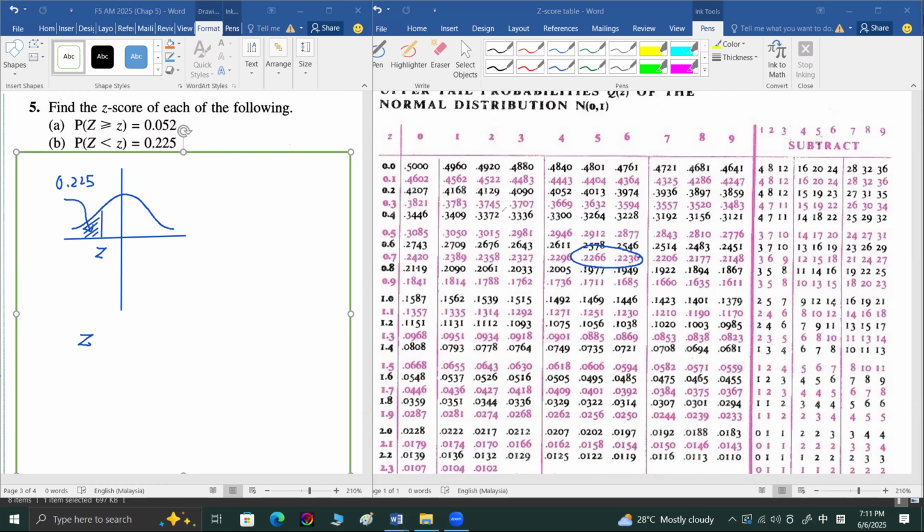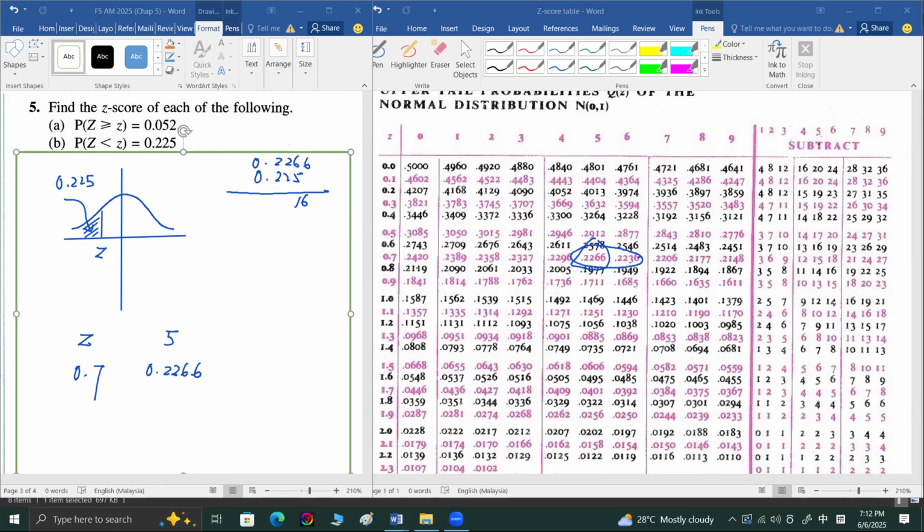Left one, huh? Left one we go, okay, my Z. Z is 0.7. Then here, I get the left side one. Left one is 5. I get 0.226, but what I have here is 0.225. What I found is 0.2266. Well, I got an extra of 16. Okay, extra of 16. So I check 16.